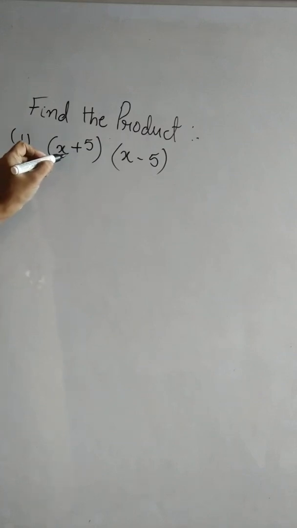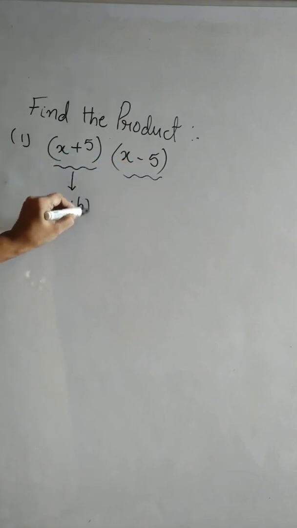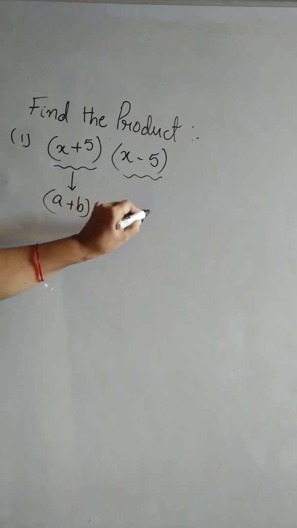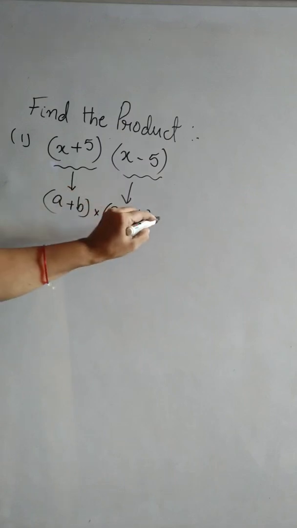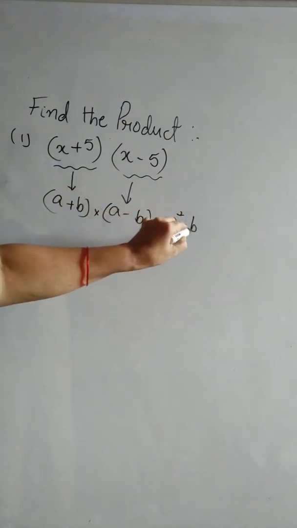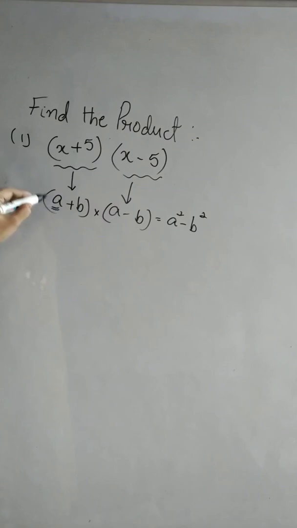Here it is in the form of a plus b into a minus b, where we have a formula: a square minus b square. Here, in place of a, x is there, and in place of b, 5 is there.